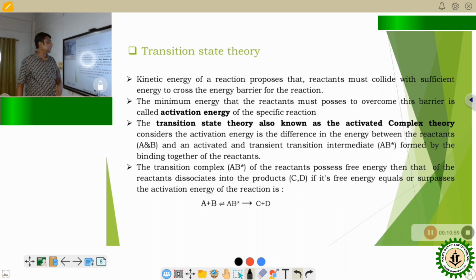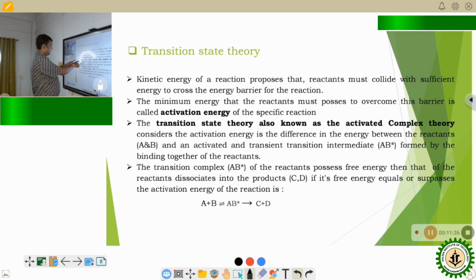The minimum energy that the reactants must possess to overcome this barrier is called activation energy. The transition state theory, also known as activated complex theory, considers the activation energy to be the difference in energy between the reactants and an activated, transient transition intermediate.